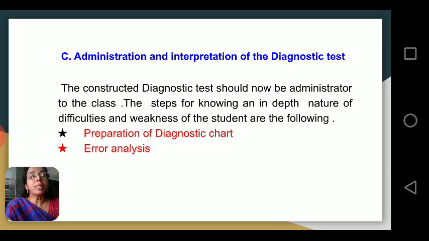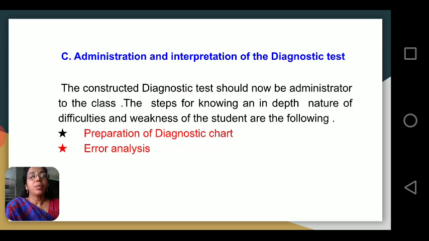And for doing this interpretation process, we have to undergo two phases. One is preparation of diagnostic chart and second one is error analysis. Preparation of diagnostic chart means we have to analyze the answers of all the learners by preparing a chart. In that chart, you will mark the right answers and the wrong answers of each learner.